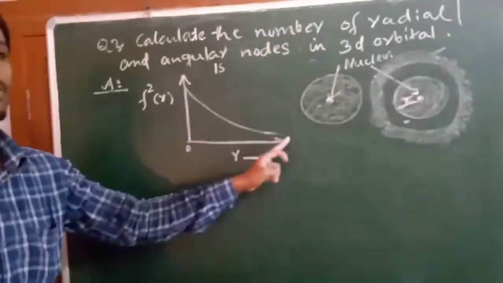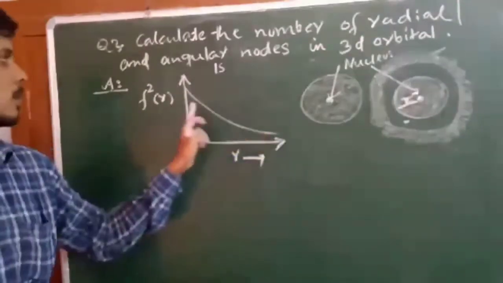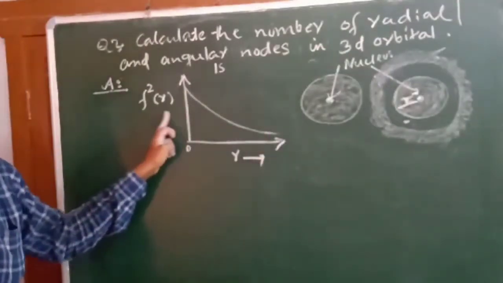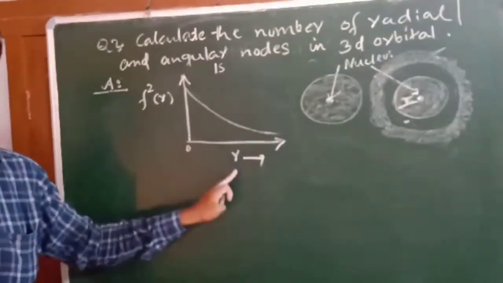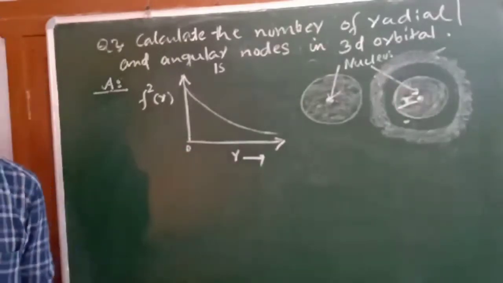I am not getting a radial node because the radial function is not becoming 0.